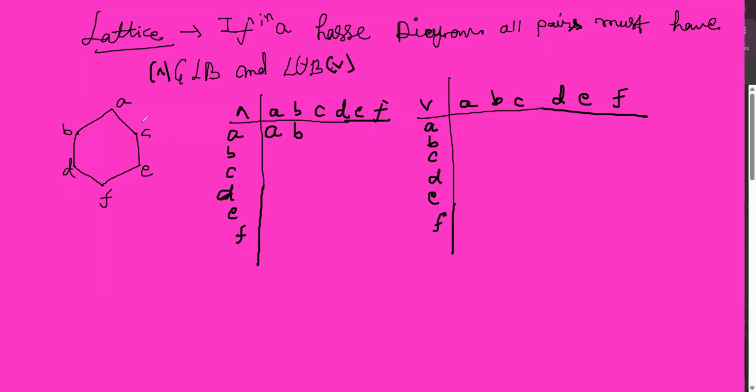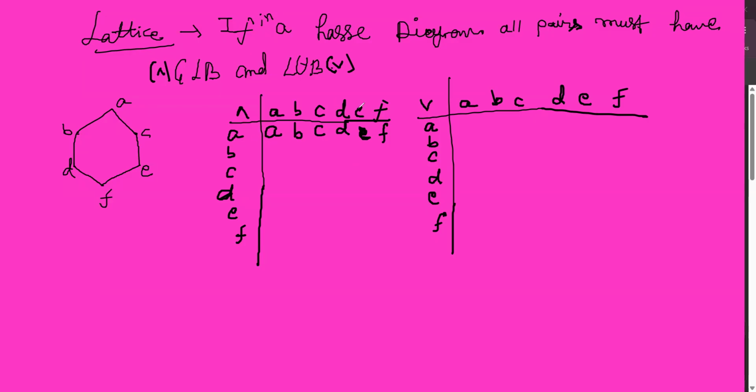What is the greatest lower bound of AC? C. AD, D. E, F. Understood how and why I am writing like this? You can see here.